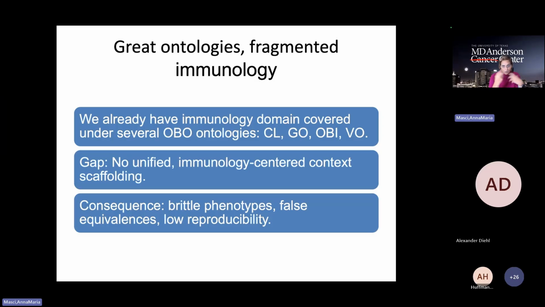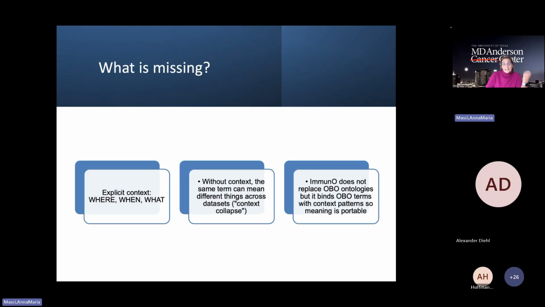First of all, the cells are moving, they are doing things all over the body, and they are doing different things depending on the context. That is what we think is missing to really represent immunological data well: giving context, telling where, when, and what is happening to get those results.